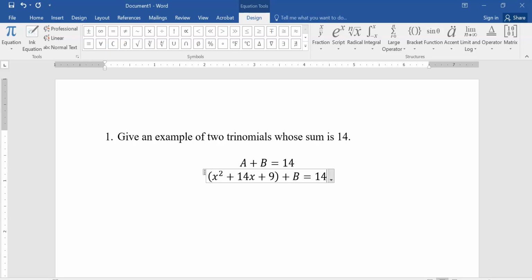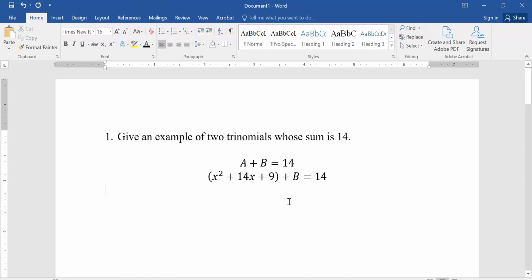If I replace A with a trinomial and I just leave B the same, you can see that by solving for B in this case, we're going to end up with two polynomials, one being x squared plus 14x plus 9, and another being whatever it comes out to be, which add to 14. So that's how we like to do these types of problems.